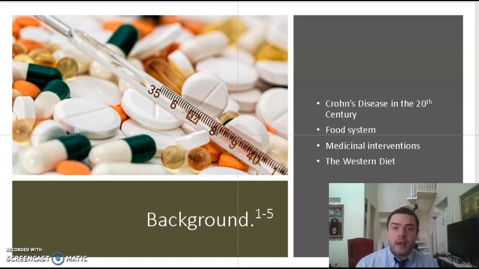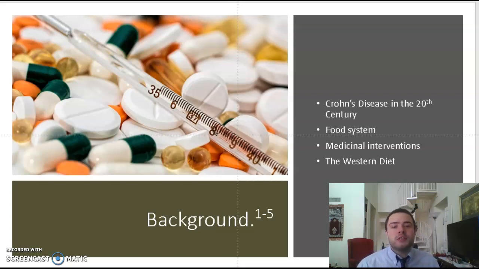The Western diet, also high in processed food and sugar, has contributed to this inflammation, as these foods in particular are known as being pro-inflammatory because they are high in omega-6 fatty acids and sugar. They should be considered for the dietary components of those with Crohn's disease.